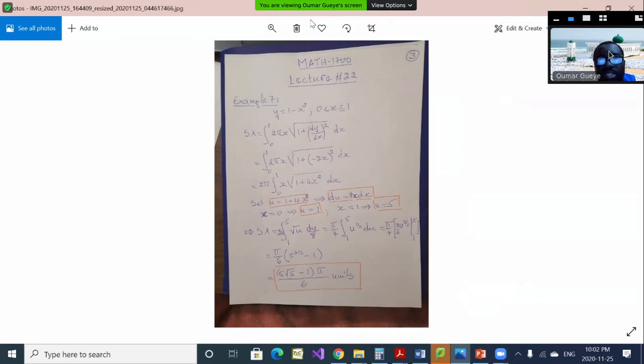I'm just going to sketch it. You can see, quite easy. And since the coefficient of x squared is negative, it means the parabola opens downward. And at 0, let's say it's 1.